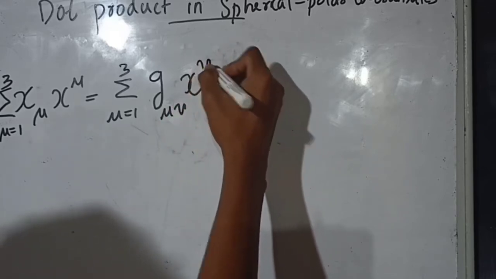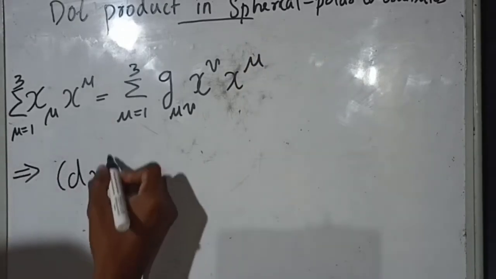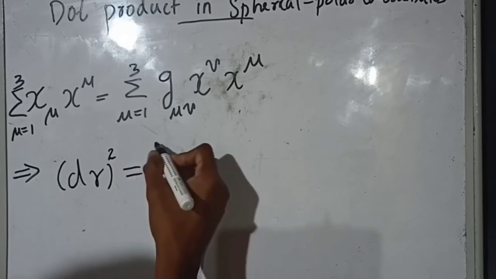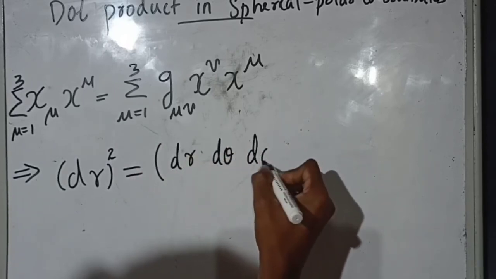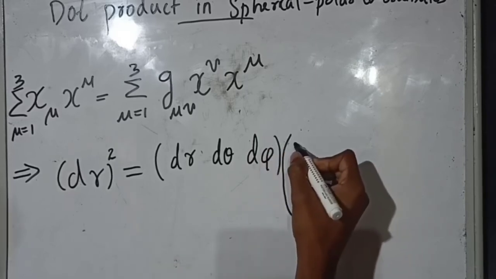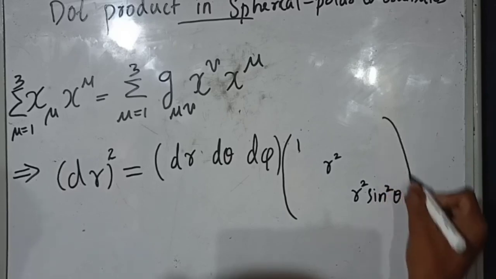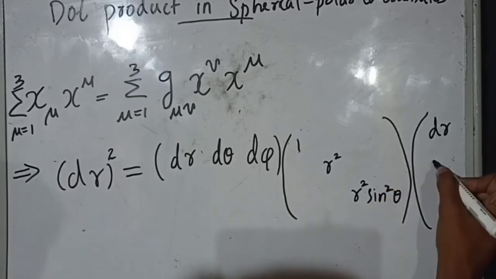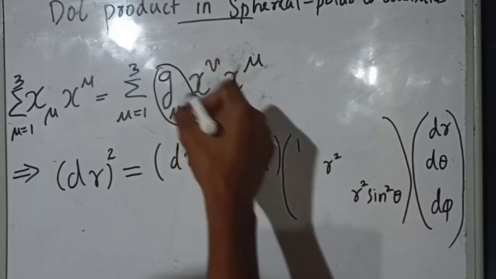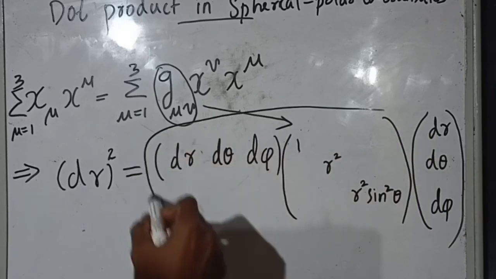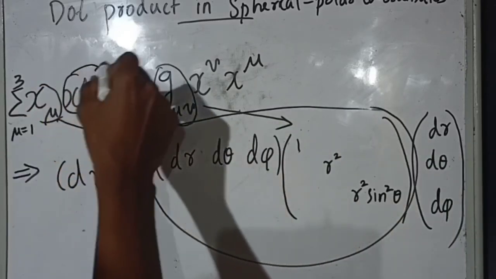For doing that, let us take the square of a differential element dr square as a row vector dr d theta d phi times the diagonal matrix 1 r square sine square theta times a column vector dr d theta d phi, and this diagonal matrix corresponds to the metric tensor g sub mu nu, and this as a whole corresponds to this covariant vector, and this contravariant vector corresponds to this.